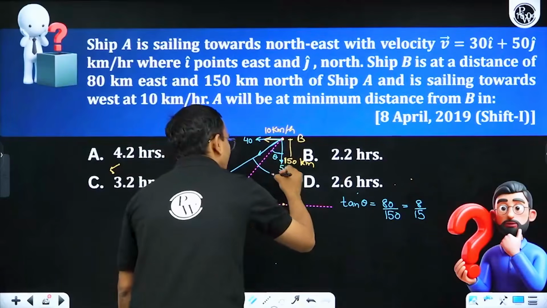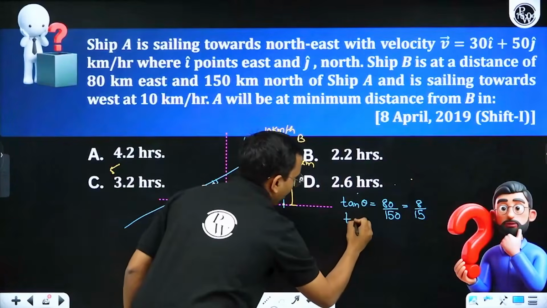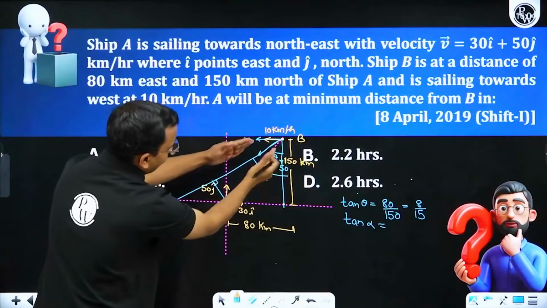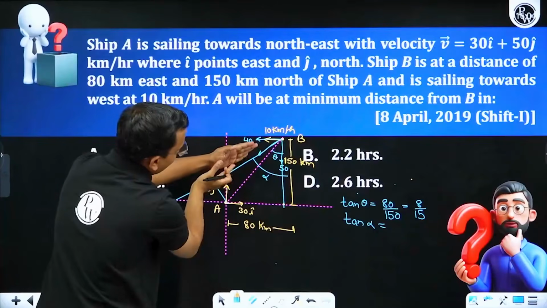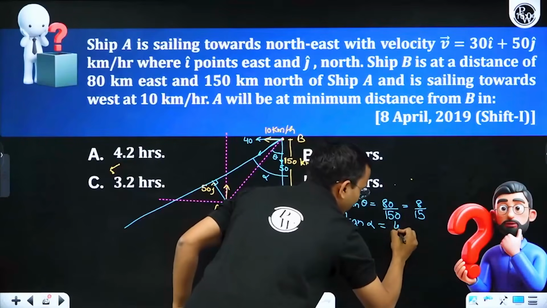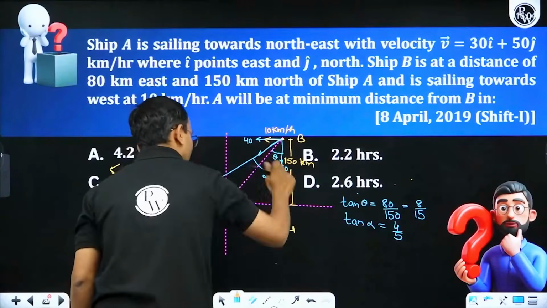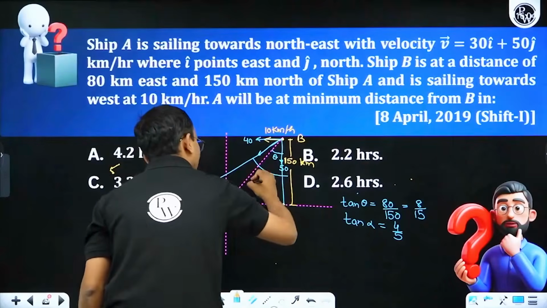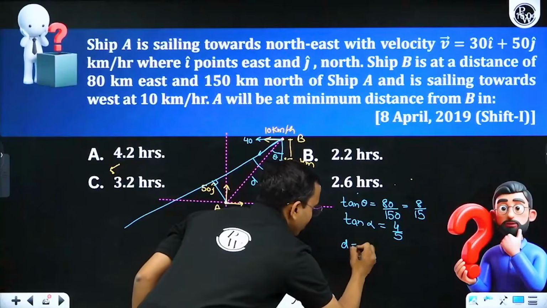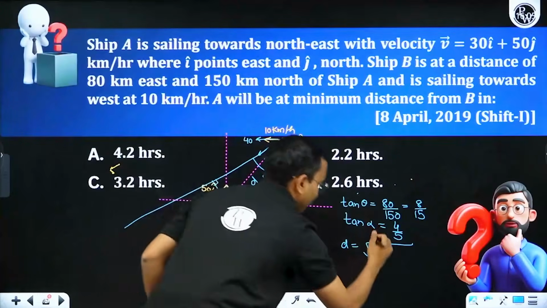This total angle with the vertical here is alpha, and tan alpha is equal to 4 by 5. Now, this initial distance between A and B is D. D is equal to root of 80 square plus 150 square.